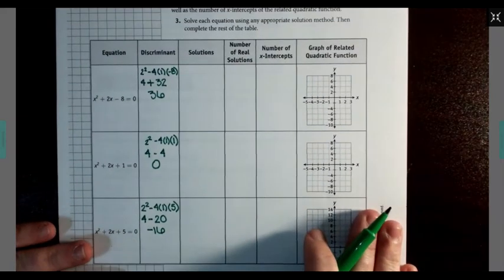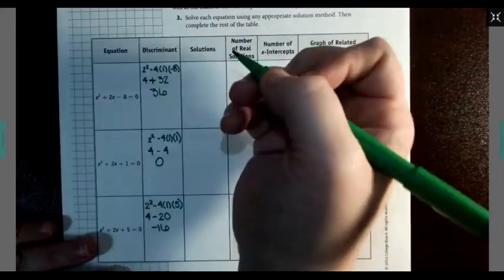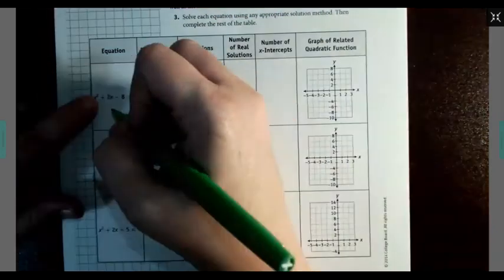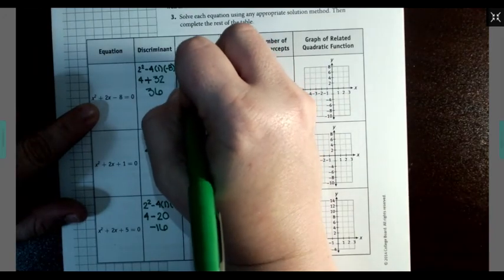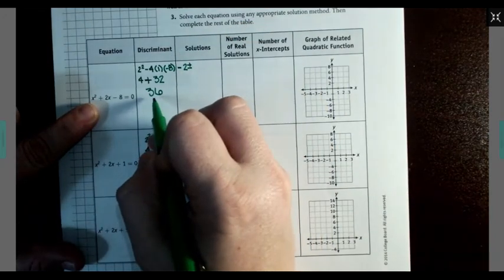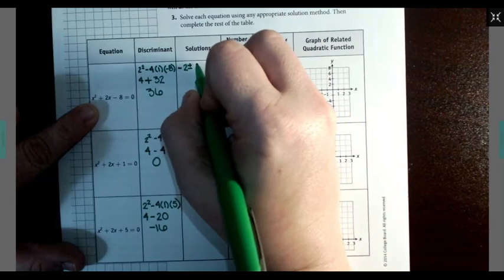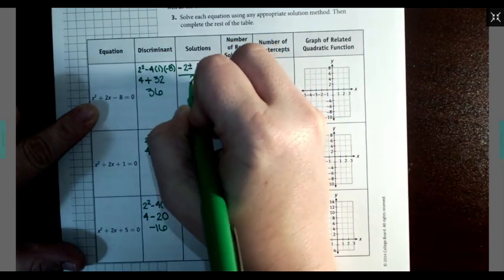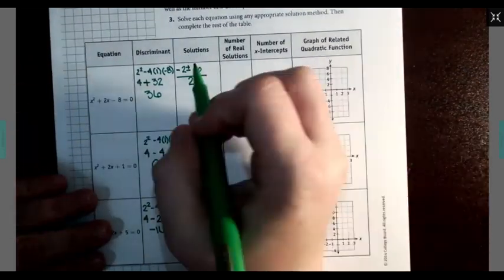Okay. Now remember, that's all under the square root, right? The rest of this is negative b. So in this case, that would be negative 2 plus or minus the square root of 36, which is 6, all over 2 times 1, which is 2.